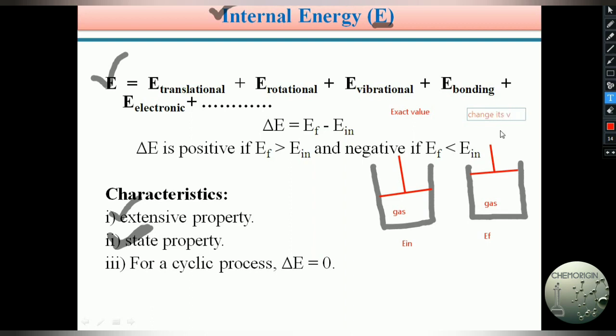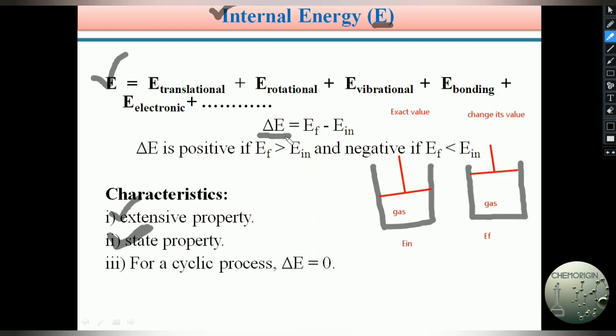Therefore, internal energy is a state function. The exact internal energy of a system we cannot calculate because it varies with the state of a system. Therefore, we can calculate the change in internal energy.